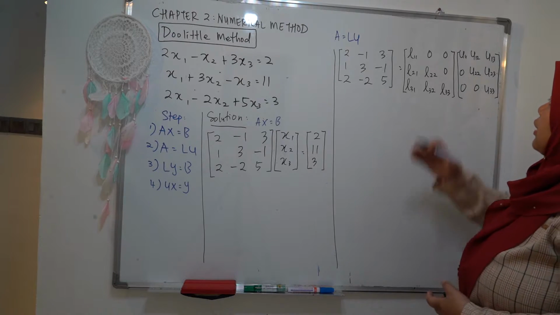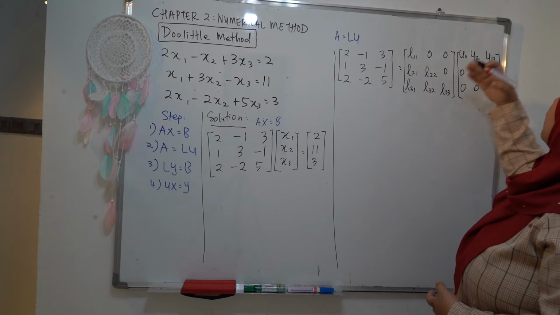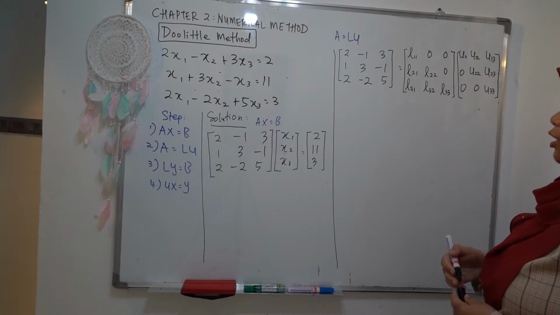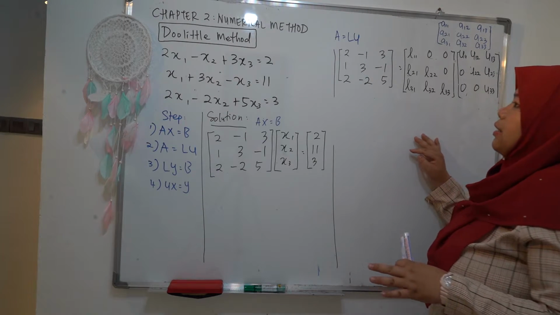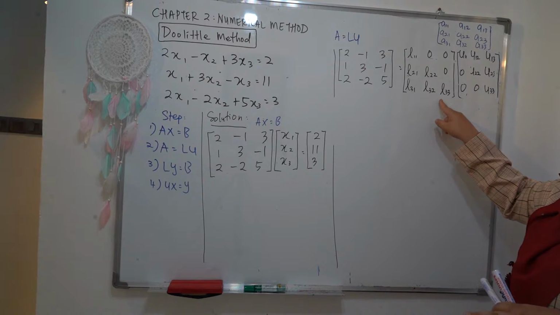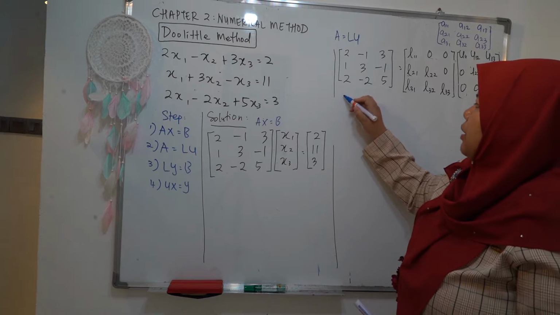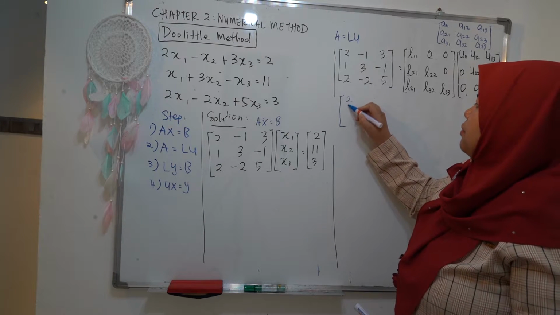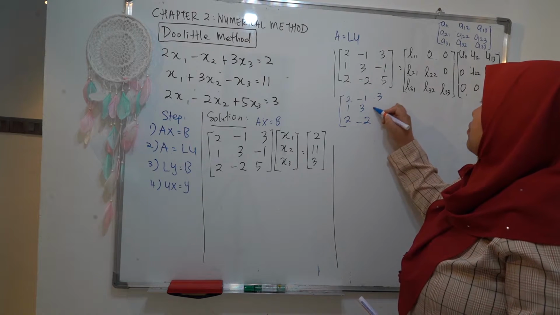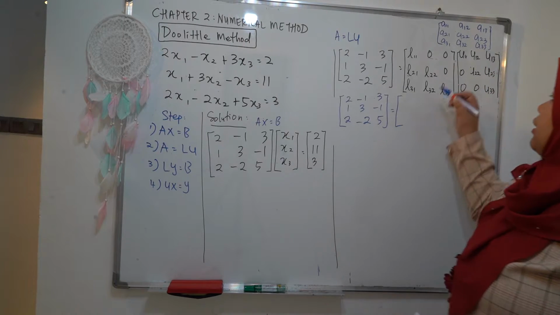I repeat: this is the lower matrix L, and this is the upper matrix U. For the Doolittle method, we have to change the diagonal of the lower matrix into 1. What does that mean? Look here.